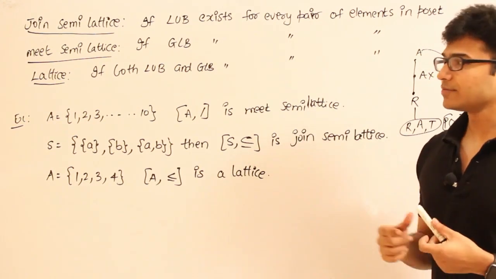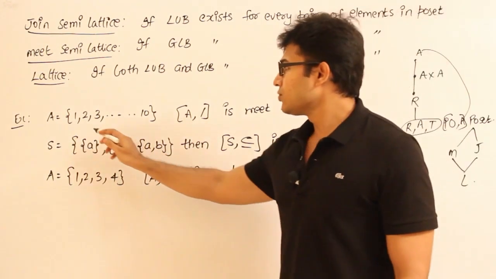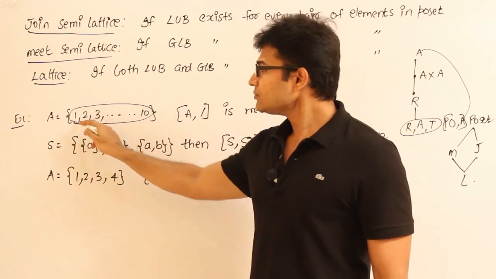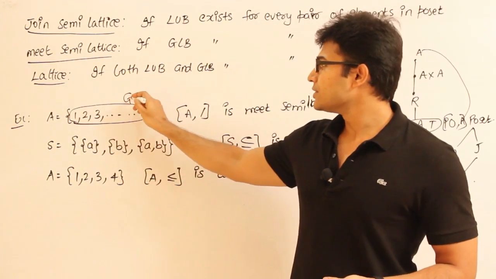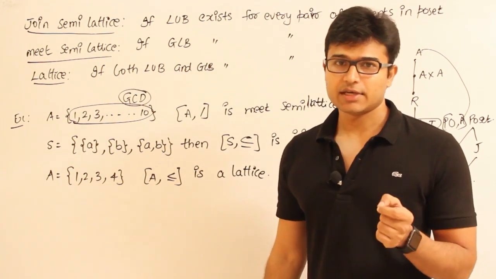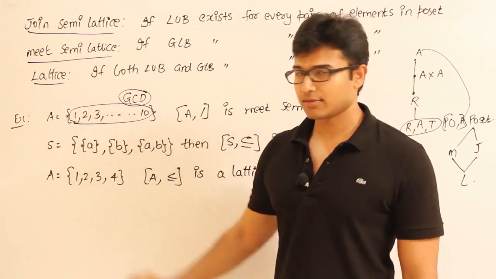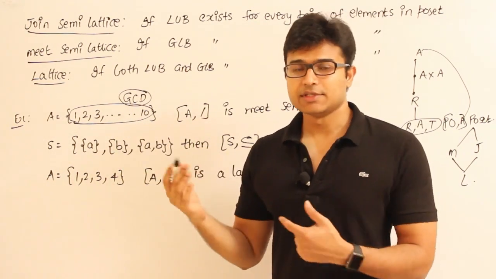Now if you take any two elements from 1 to 10 and try to find the GCD, the greatest lower bound is nothing but the GCD, right? In the worst case, the GCD is going to be 1, and otherwise you'll get some other GCDs.